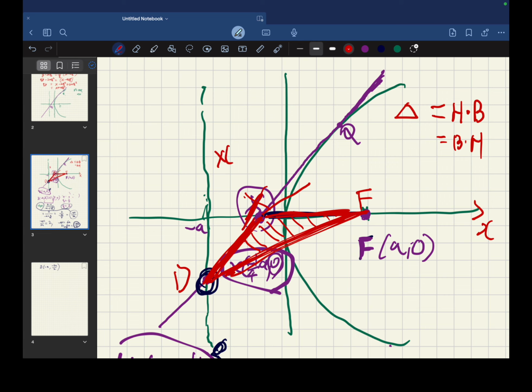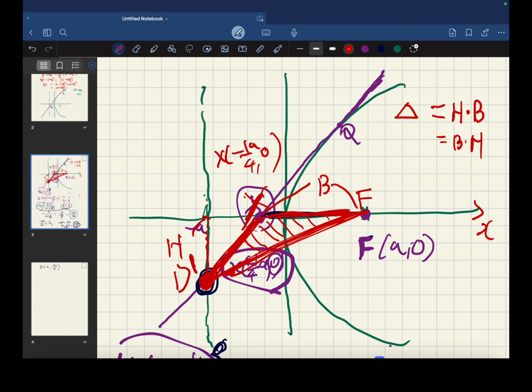X is minus a over 4 comma 0. So this would be the base, and the distance from the point D to the x-axis here would be the height.